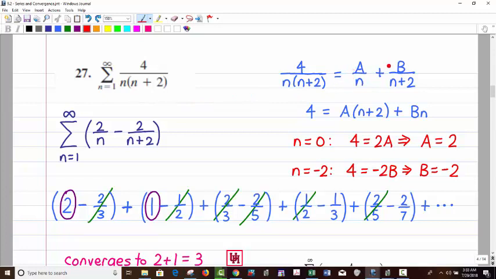So I have a over n plus b over n plus 2. And then, of course, we clear out the denominator. So I have 4 equals a times n plus 2 plus bn. So when n equals 0, I have 2a equals 4, so a is 2. And then for negative 2, that wipes out a. I get negative 2b equals 4, and b equals negative 2.